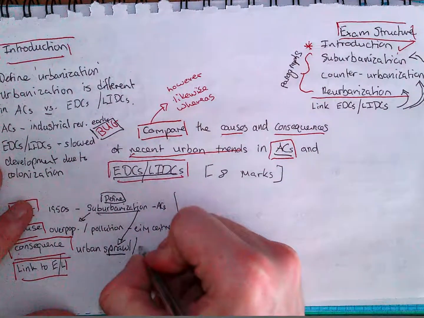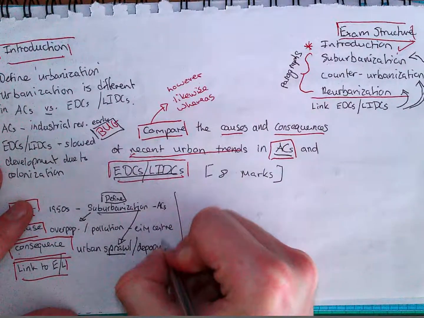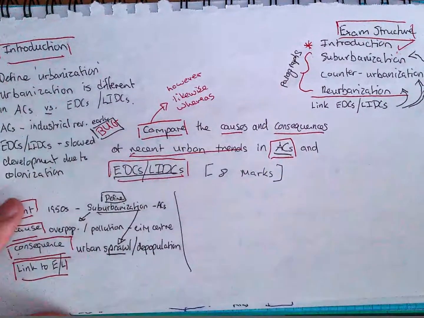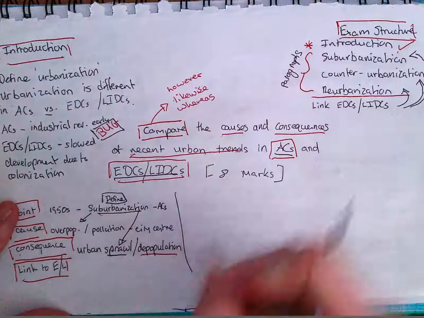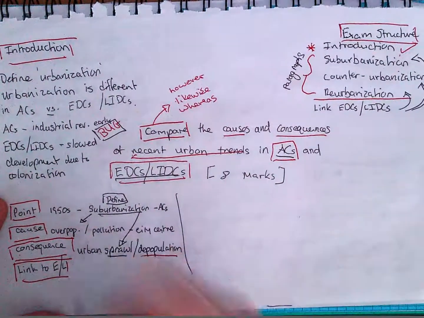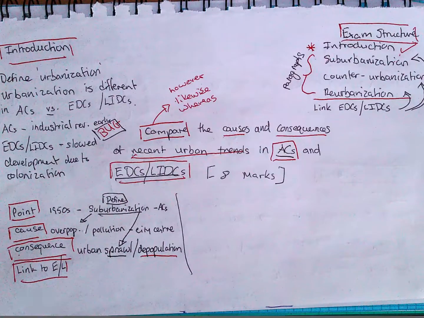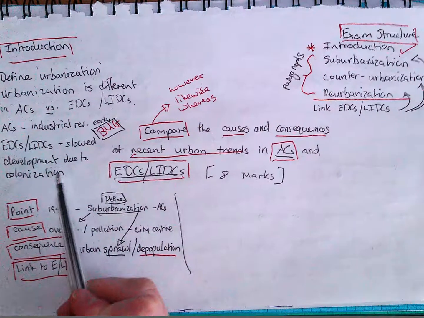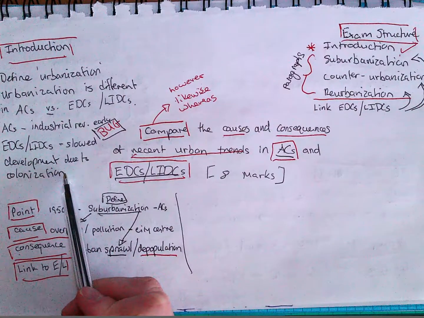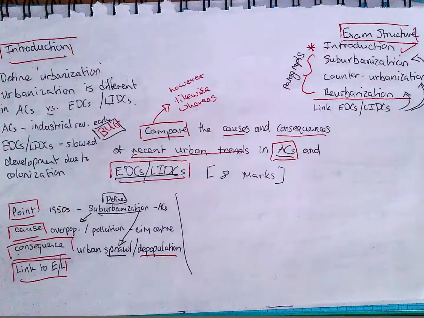Urban sprawl and depopulation of the city centre, which is a really important one because we're actually going to talk about that in our next paragraph. How can we link this to EDCs and LIDCs? Again, we said that it's all about talking about the slowing of development in these places, but actually the movement from rural areas to cities ends up having some kind of flip similarity.